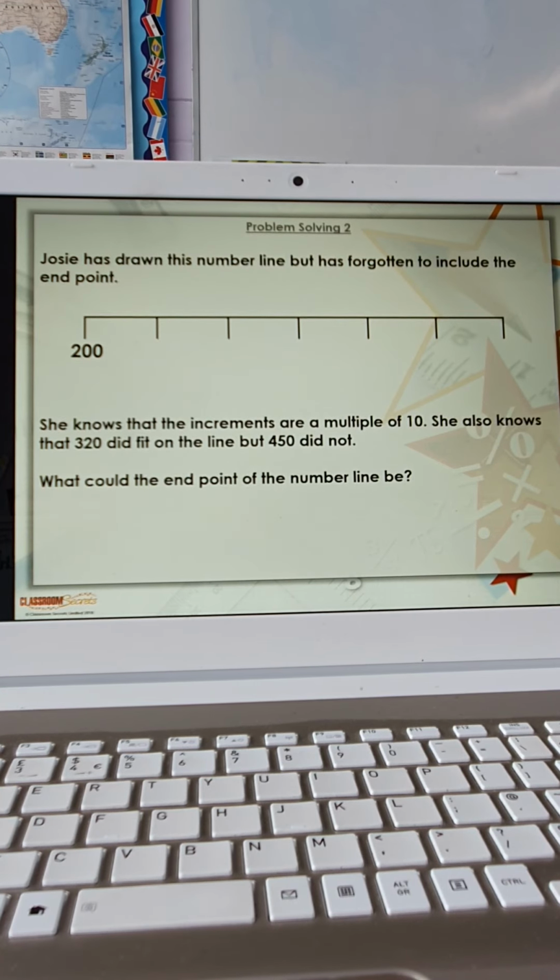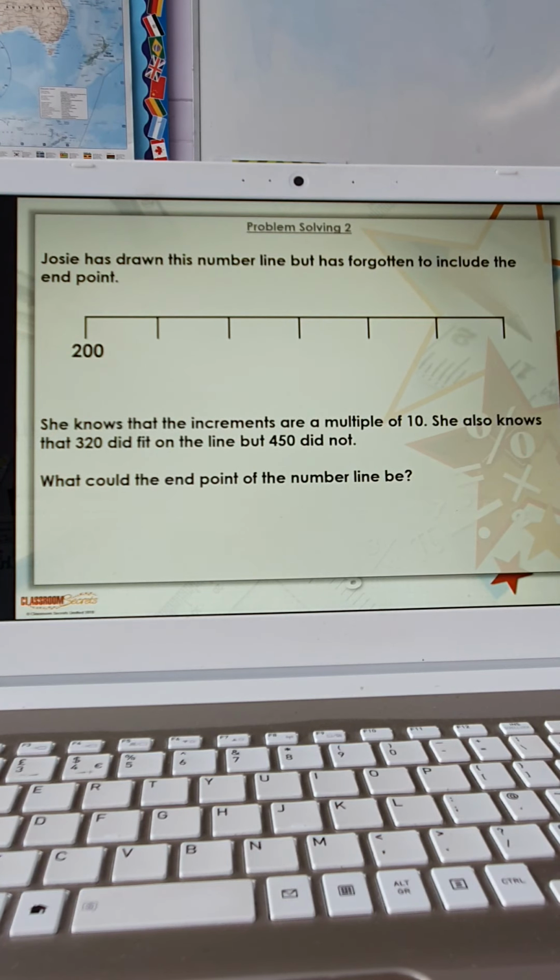So Josie has drawn this number line, but she's forgotten to put what the end point is. She knows that the increments go up in tens, and she also knows that 320 was on her number line, but 450 was not. So what could the end of her number line be?